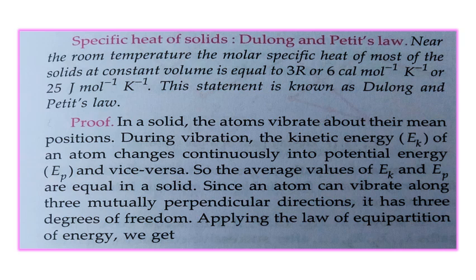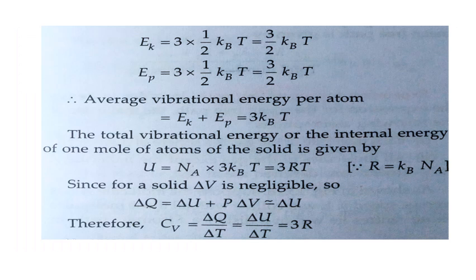And since an atom can vibrate along 3 mutually perpendicular directions, it has 3 degrees of freedom. By applying the law of equipartition of energy, Ek will be equal to 3 into half kBT, and similarly Ep will be equal to 3 into half kBT, and for the total average vibrational energy per atom you will get 3 kBT.